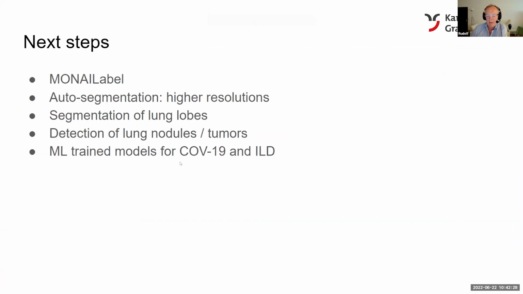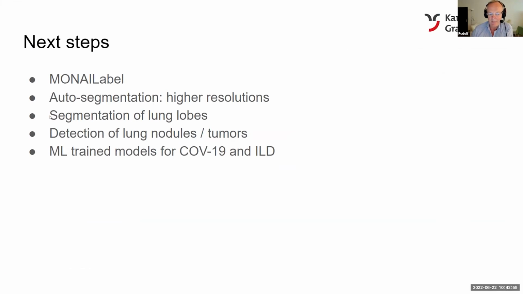Of course, it would be nice to have MONAI Label in higher resolutions. You saw these Minecraft segmentations in the beginning, and it's of course very good to have a high resolution, but this would require better GPUs, and this is something that one would maybe have to rent in a cloud service.